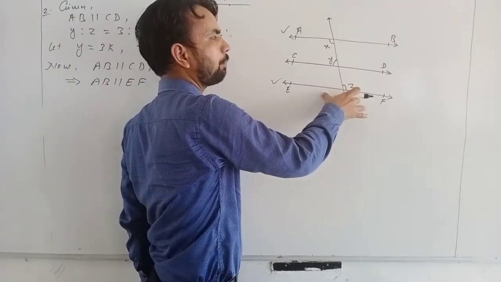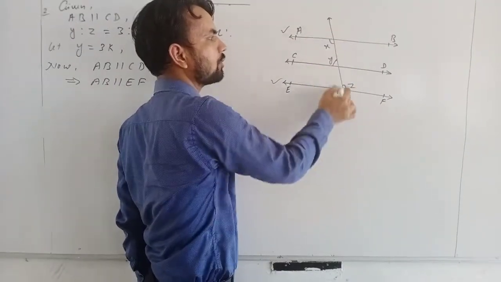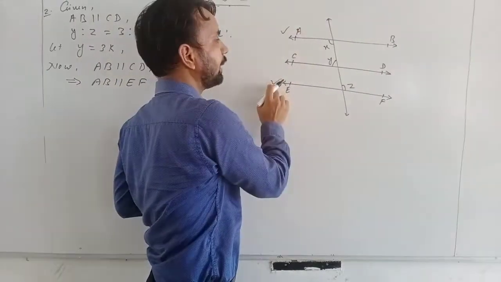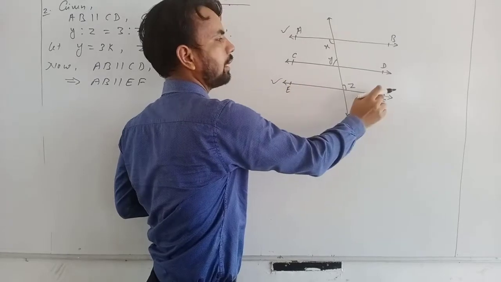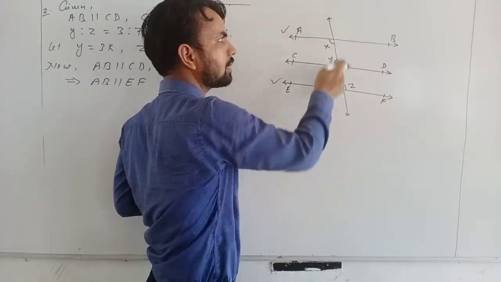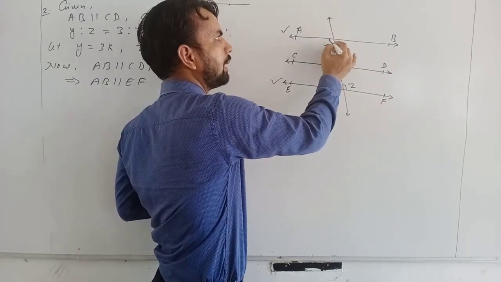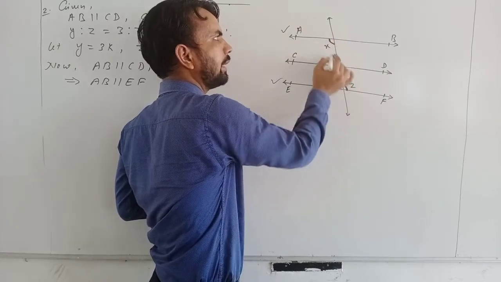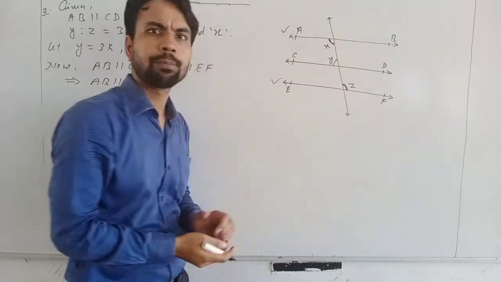Now see, if AB and EF are parallel and this is transversal, pay more attention here. If AB and EF, this line and this line, are parallel and this is transversal, then angle X and angle Z both are alternate interior angles or not?